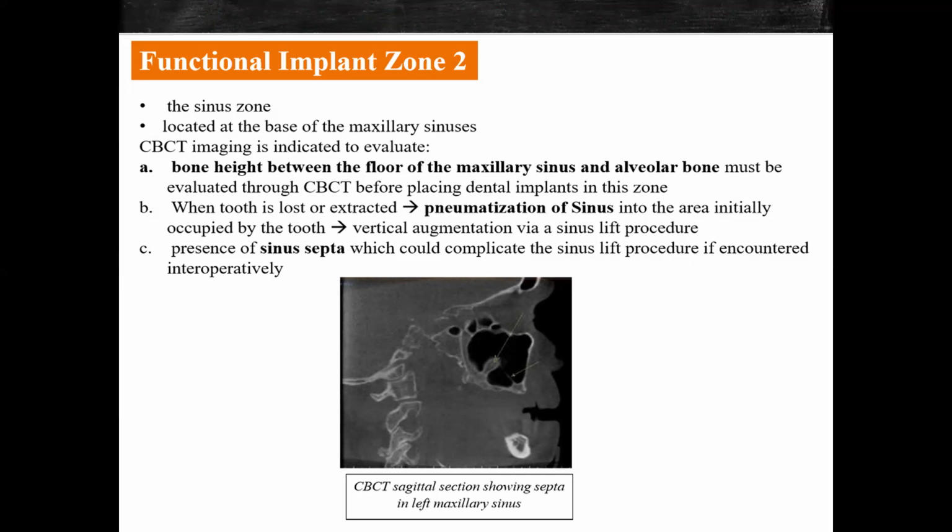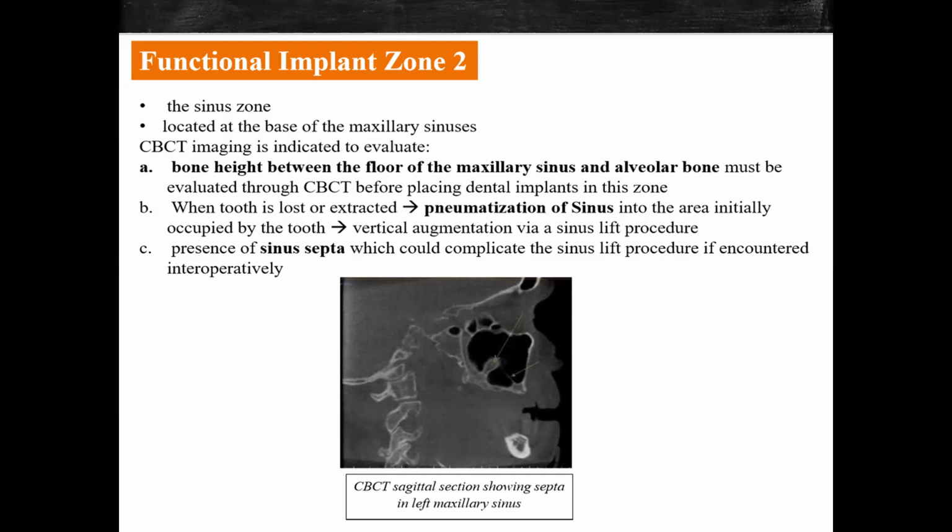This phenomenon is called pneumatization. It gives us guidance on whether we need to go for a direct or an indirect sinus lift. If there is bone remaining up to 4 to 5 mm, we can go for an indirect sinus lift. Less than that, we go for a direct sinus lift.